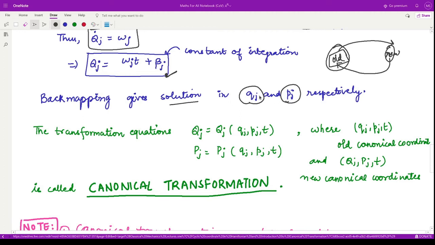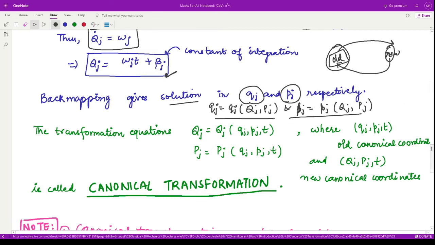Because these were the things with which we started. That means you have to again apply these kinds of equations. So qj are functions of capital Qj and capital Pj, and small pj are functions of capital Qj and capital Pj. So these kinds of equations you again have to apply, right?